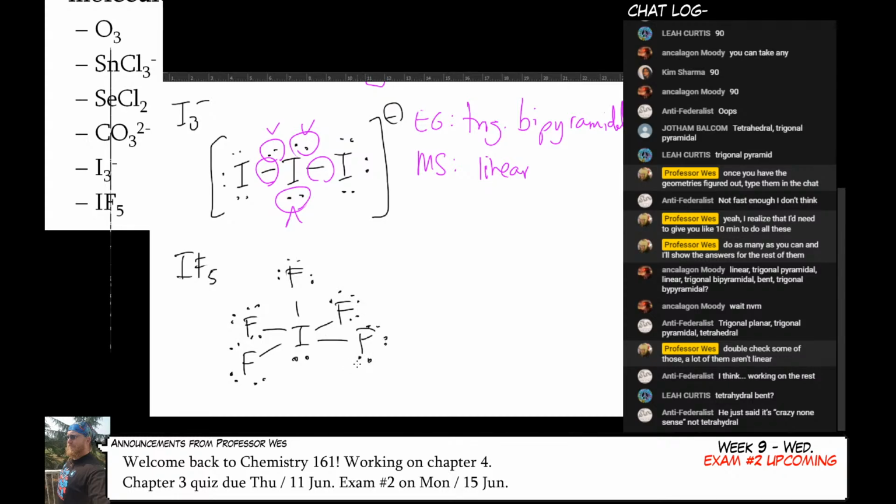This is the electron sum. All right, there's my structure. 1, 2, 3, 4, 5, 6. 6 is octahedral. Of those 6, 1 is an electron pair. So my shape is square pyramidal.